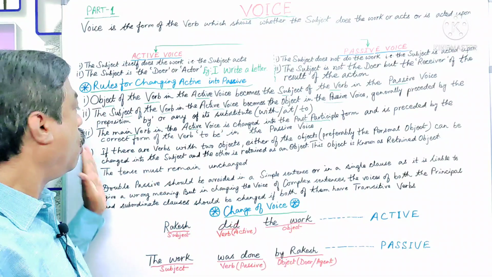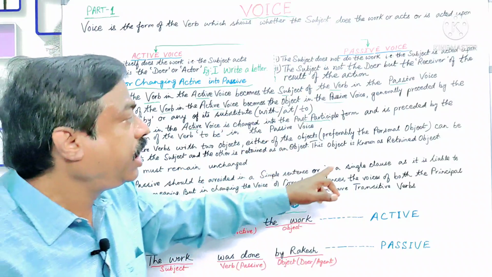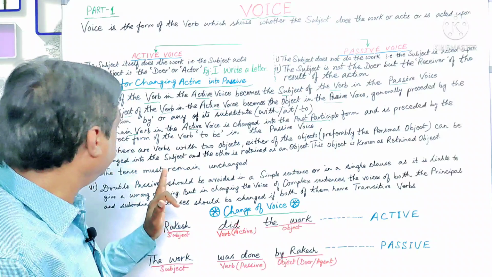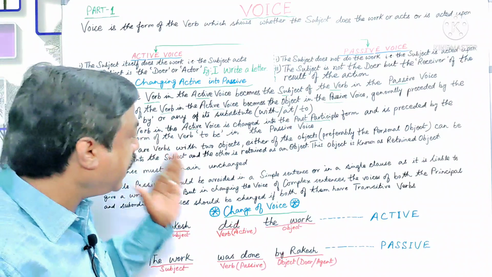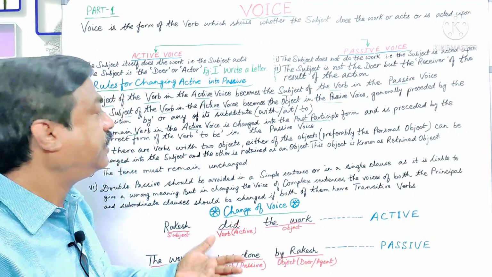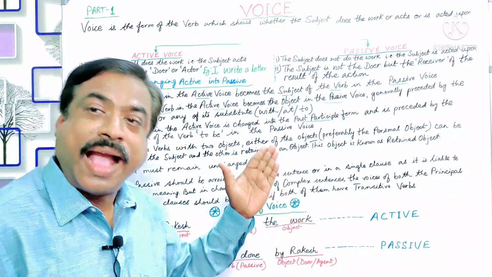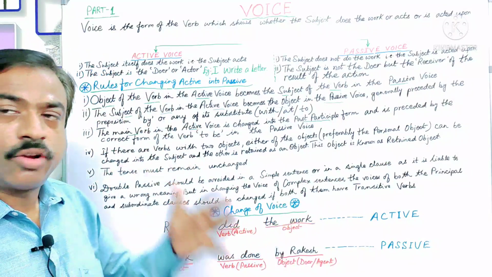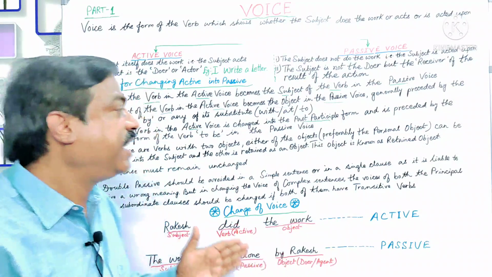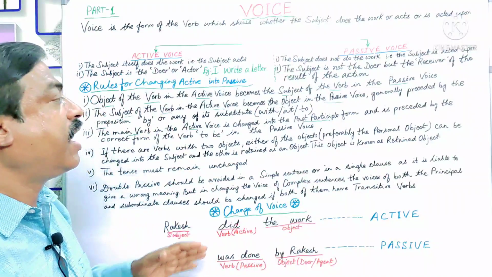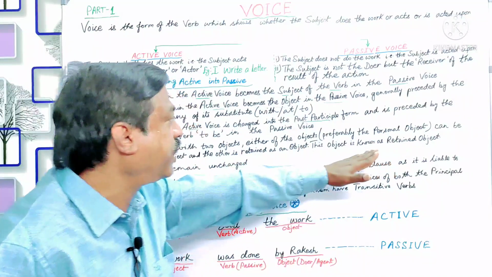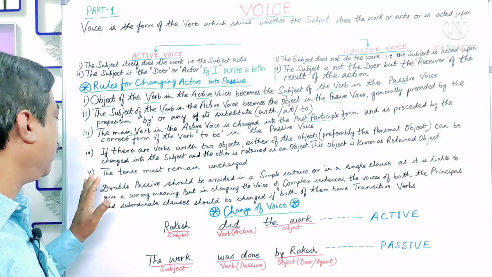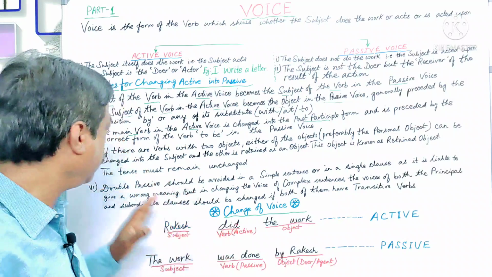So what we do when we get two objects, we change the first one and we keep the other one, and that is the retained object. The object which we do not change is known as the retained object, and the personal object is preferably changed here.